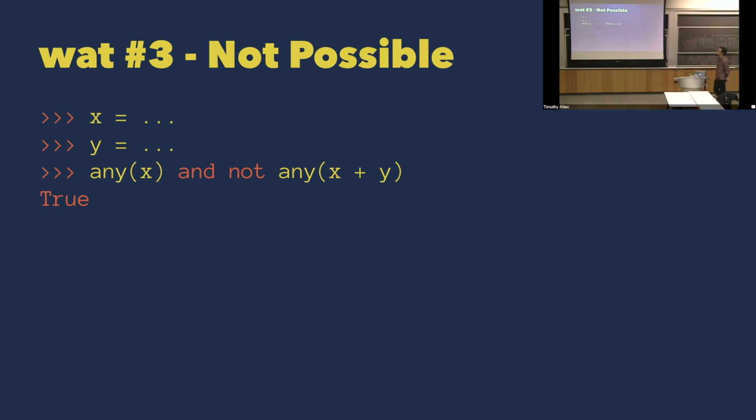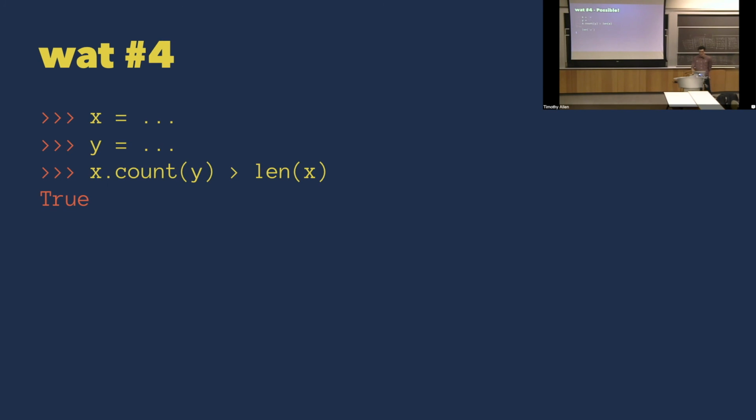Then wouldn't the empty list plus Y give you a list with 0, and that would be false? Does anyone know what any of an empty list is? It's actually not true, I believe. All of an empty list would be true, but any of an empty list short circuits and returns false. Okay. So this wouldn't work. It's good to understand how those work with empty sequences, though. They might produce results that you don't expect.